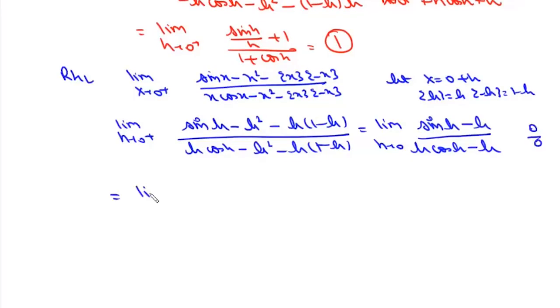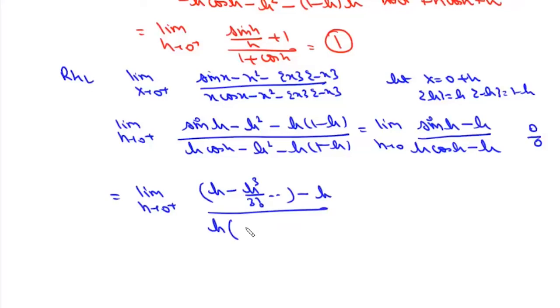So what we'll do is we'll use series expansion here. So it will be this limit h tends to 0 positive. Now sine h is h minus h cube upon factorial 3 minus h, and here if we take this h common, cos h is 1 minus h square upon factorial 2 minus h.